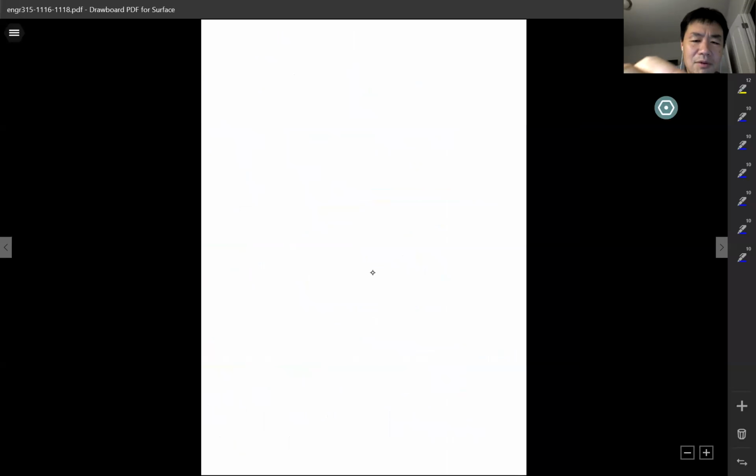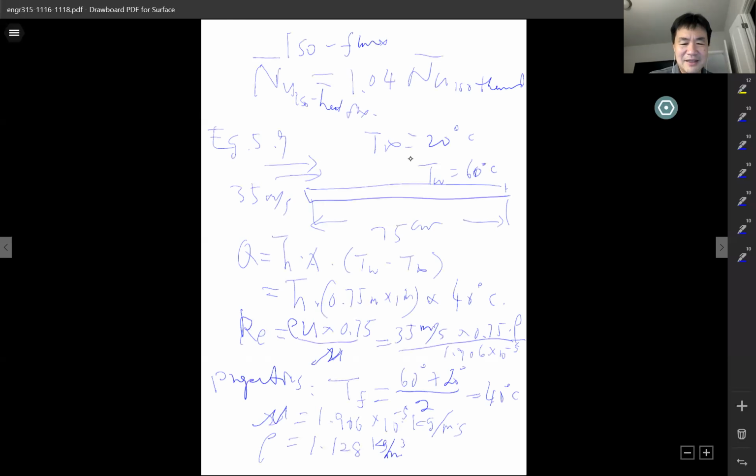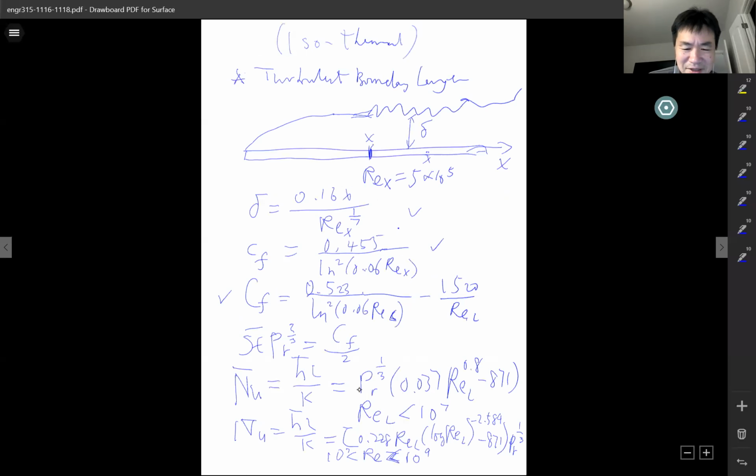Our Reynolds number based on that calculation is 1.553 times 10 to the 6. Now, is that greater than 10 to the 7 or less than 10 to the 7? It's less, 10 to the 6, so we use this equation.